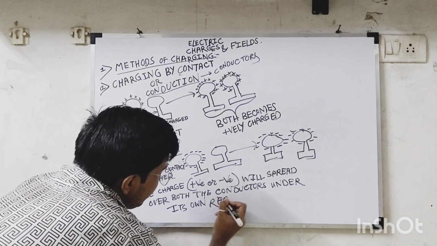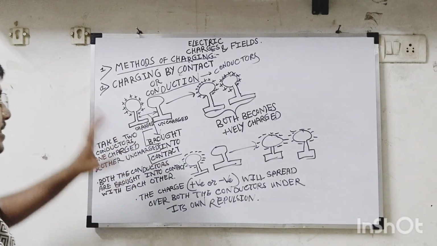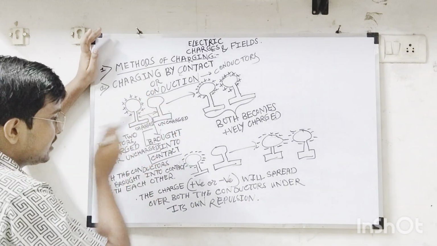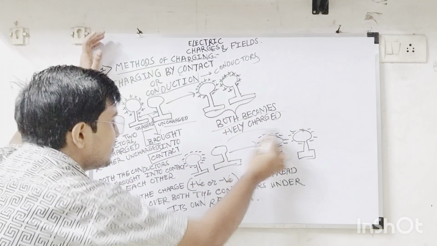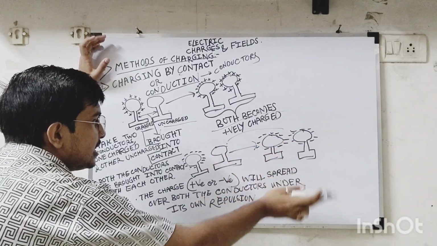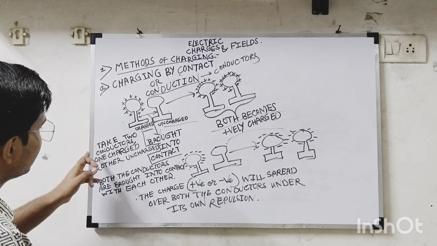Done. Simple statements; you just need to remember them. This is the second point of charging by conduction. Positive charged and uncharged: both become positively charged. Negatively charged and uncharged: both become negatively charged. So simple.